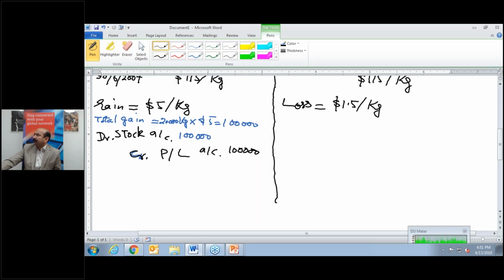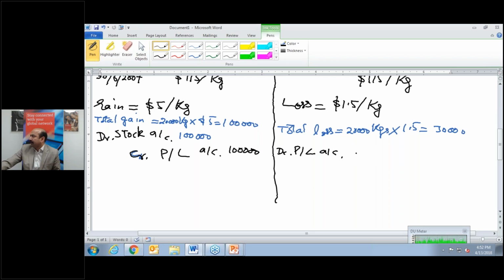Here we shall calculate the total loss. The total loss is 20,000 kgs into 1.5. I suppose this will give us 30,000. So the entry will be debit profit and loss account with 30,000.